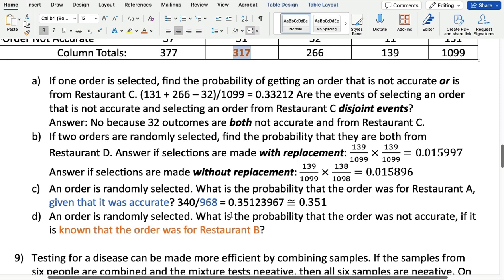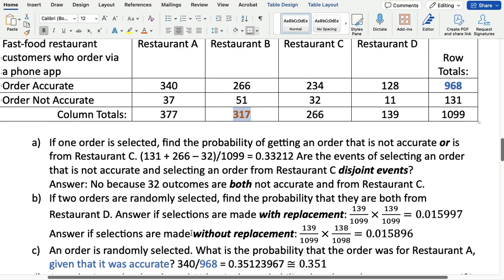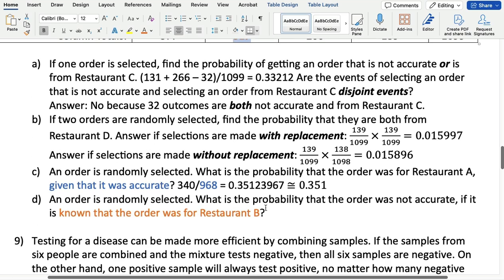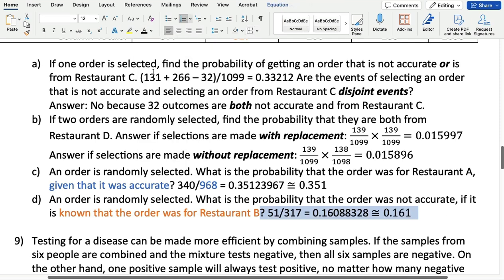So it just says, what is the probability that the order was not accurate if it is known that it was from restaurant B? So now we just want to know how many were not accurate in that column, which is 51. So we're going to be dividing 51 by that 317. 51 divided by 317 is 0.16088328.